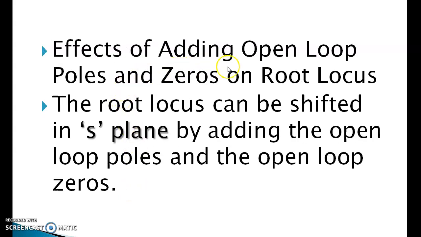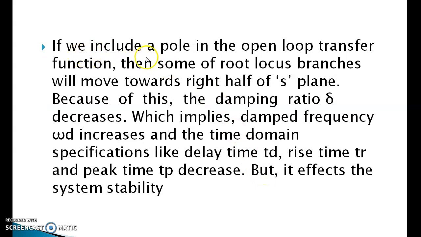The effect of adding open loop poles and zeros on the root locus. The root locus can be shifted in the S-plane by adding open loop poles and open loop zeros. If we include a pole in the open loop transfer function, then some of the root locus branches will move towards the right half of the S-plane.